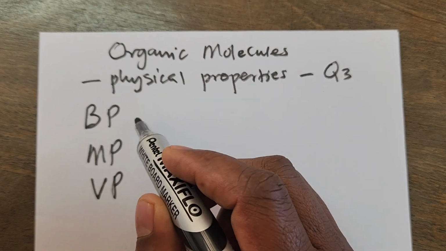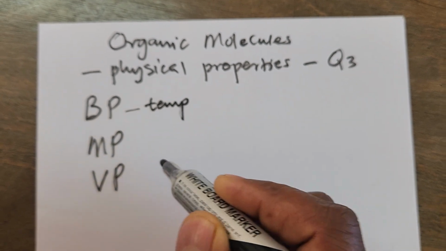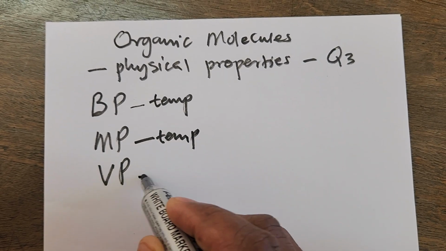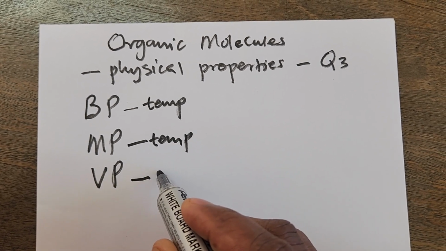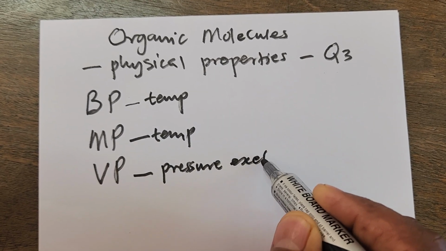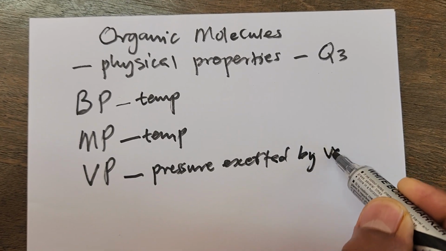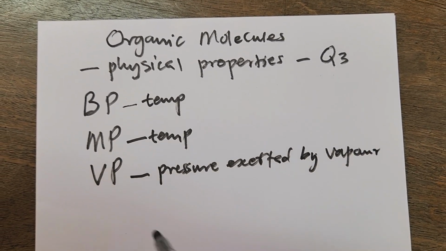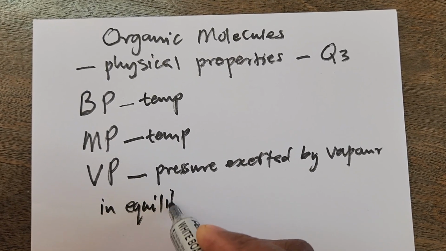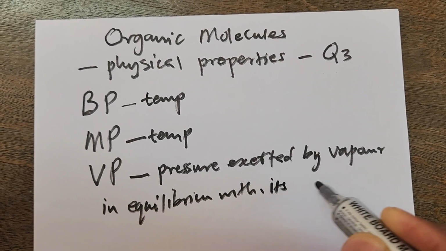We know that boiling point is a temperature, and melting point also is a temperature, whereas vapor pressure becomes the pressure, in this case exerted by a vapor in equilibrium with its liquid.